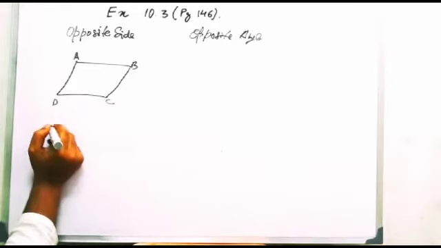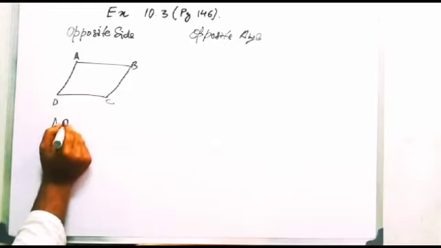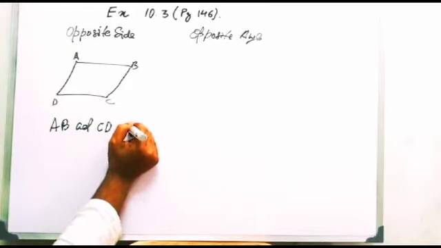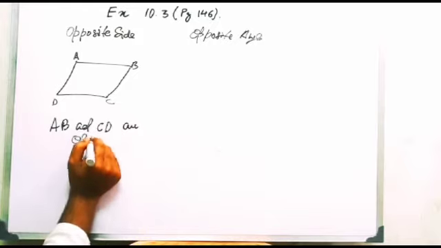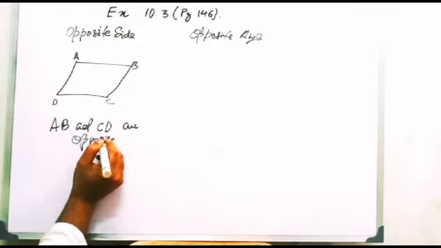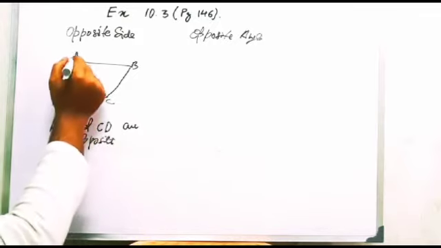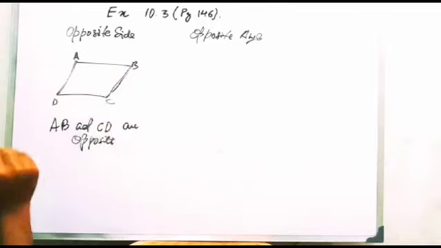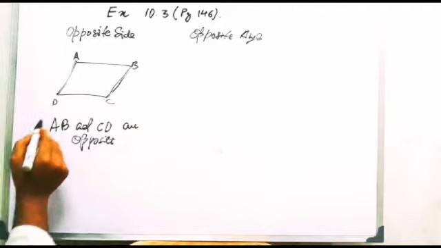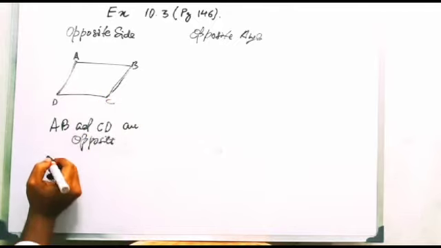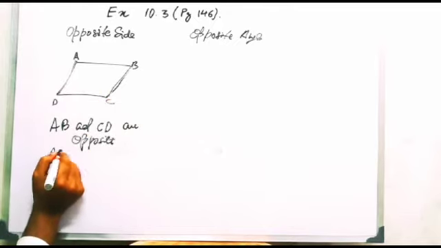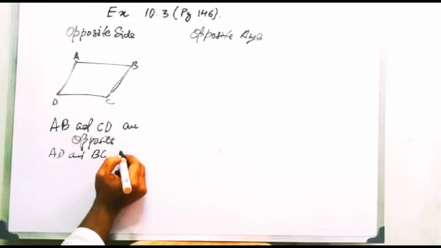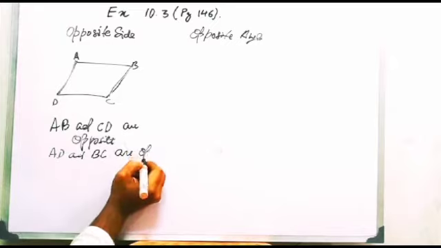Okay. AB and CD are opposite to each other. Similarly, AD and BC are opposite to each other because these two lines are opposite. So AD and BC are opposite.